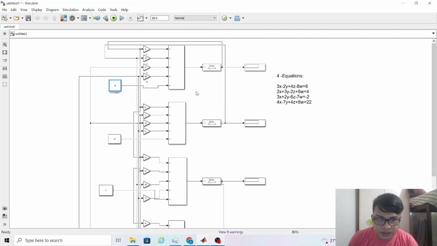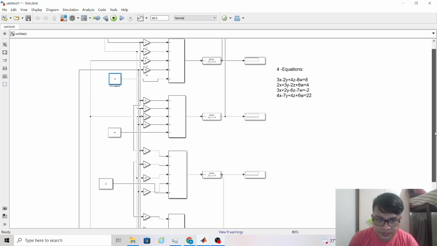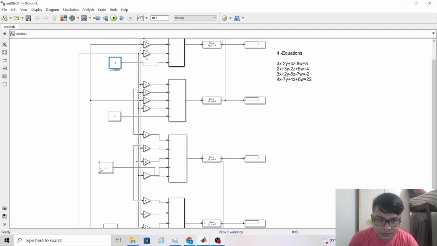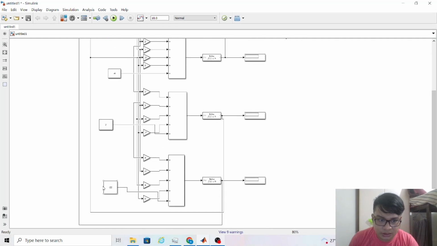These are the constants. I displayed them on the left side, so it's going to be negative 8, negative 8, negative 4, positive 2, and negative 22.